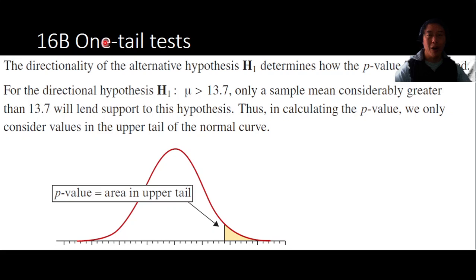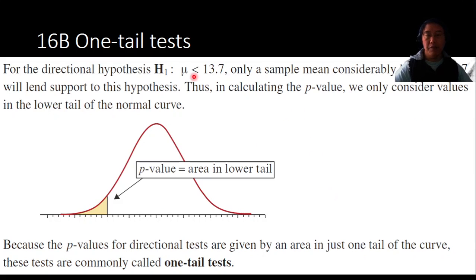So it's a one-tail test. If now we have a more efficient vehicle, so the alternative is mu is less than 13.7, the p-value will be the area of the lower tail. So either in that situation, above or below, it's a one-tail test.